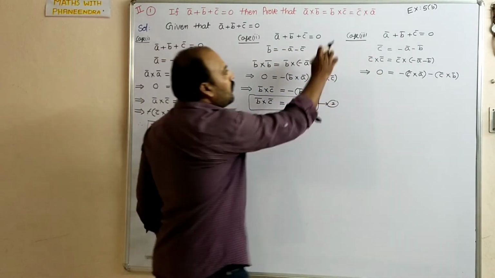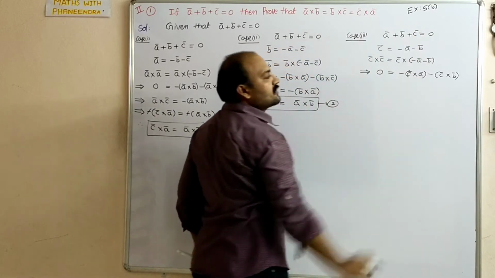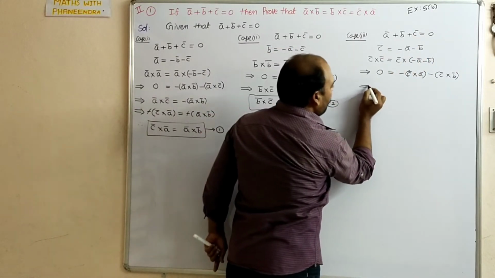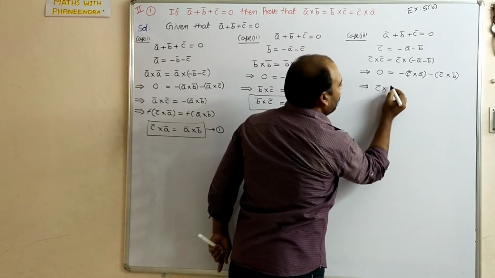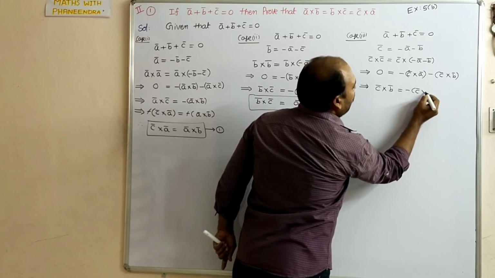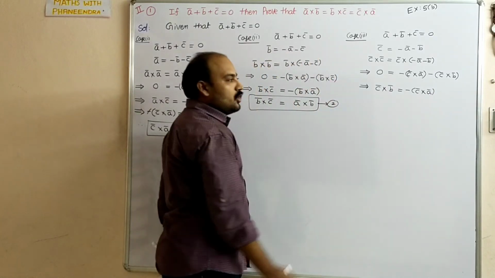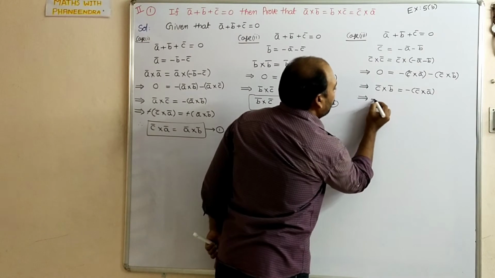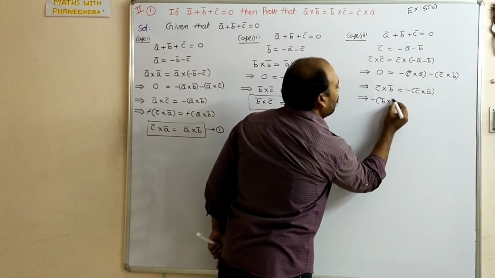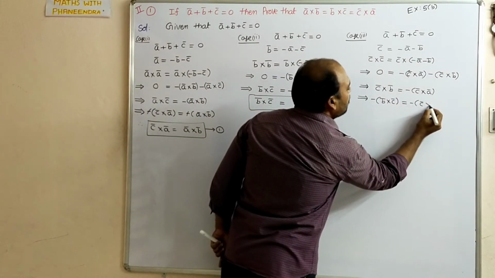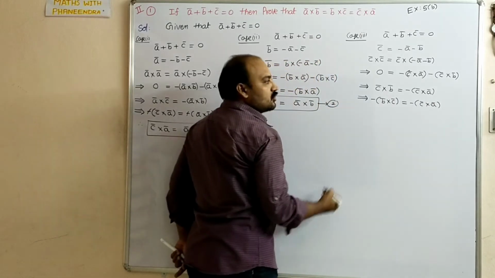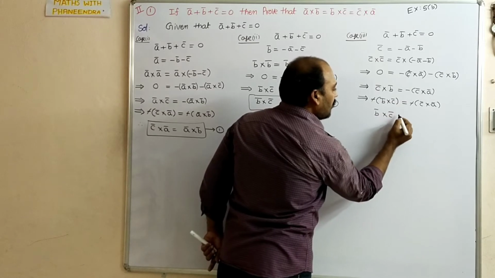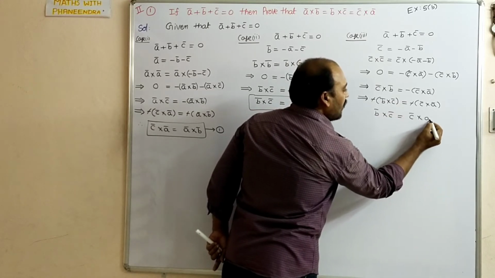Now we have to prove b bar cross c bar and c bar cross a bar. This minus of c bar cross b bar, we are taking to the other side, it will become c bar cross b bar is equal to minus c bar cross a bar. If you interchange these two, minus is going to come. That implies minus b bar cross c bar is equal to minus c bar cross a bar. So both sides minus get cancelled. b bar cross c bar equals c bar cross a bar.